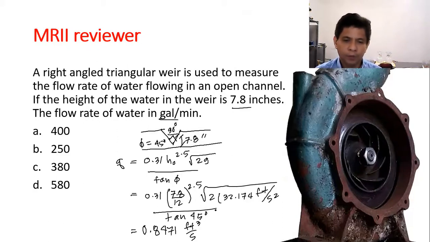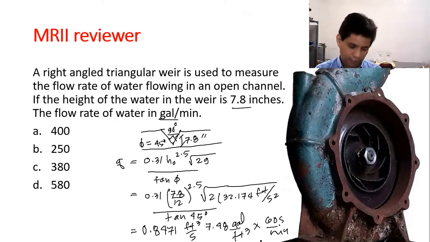If you still remember, there are 7.48 gallons per cubic foot, and there are 60 seconds per minute. The product will give you 380, so Q is equal to 380 gallons per minute.